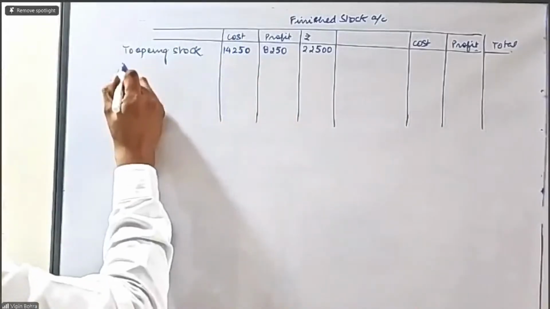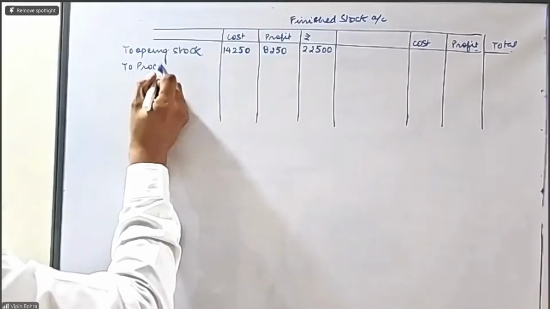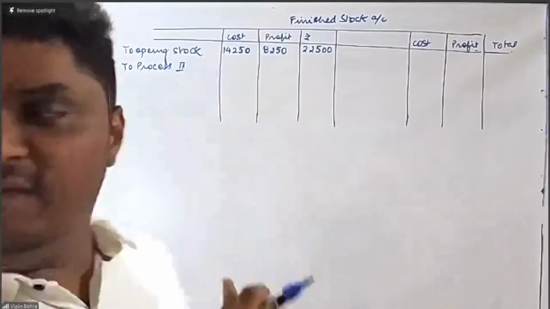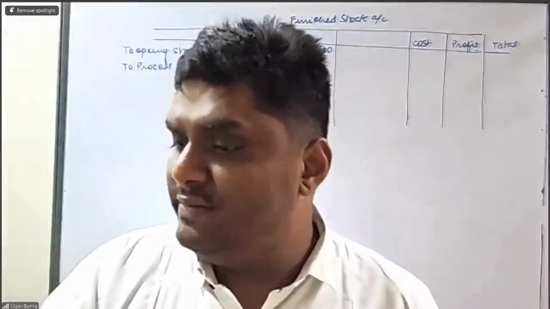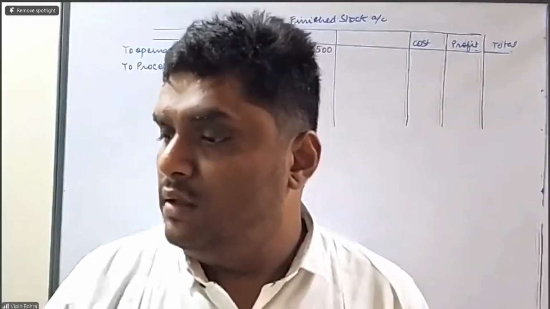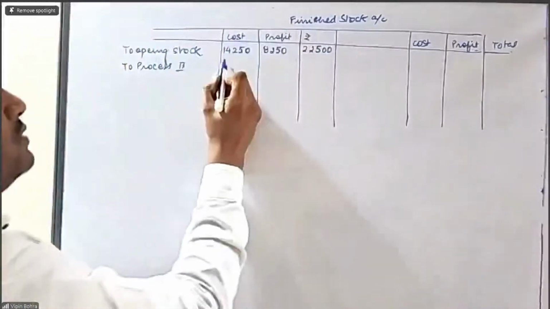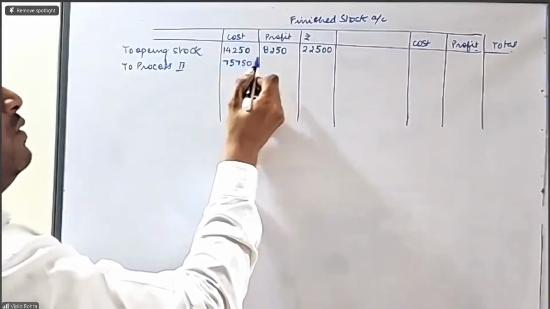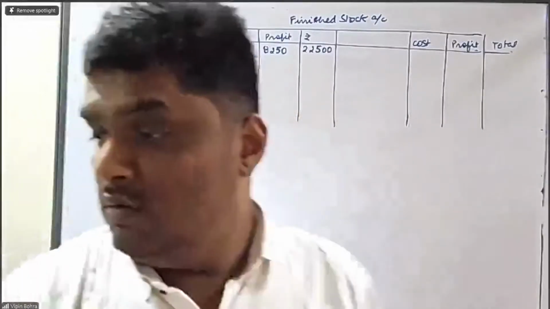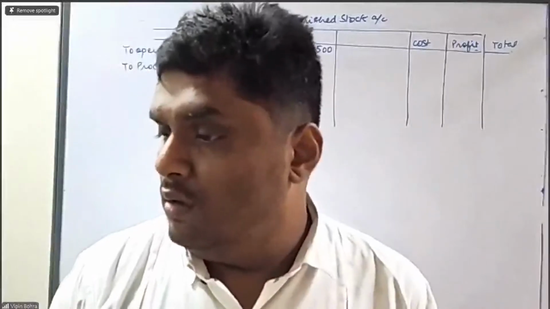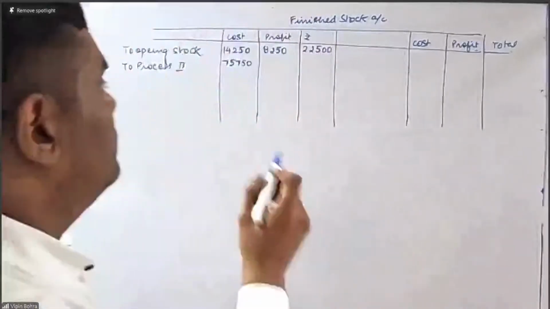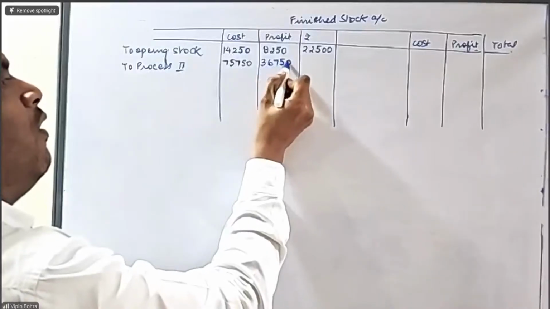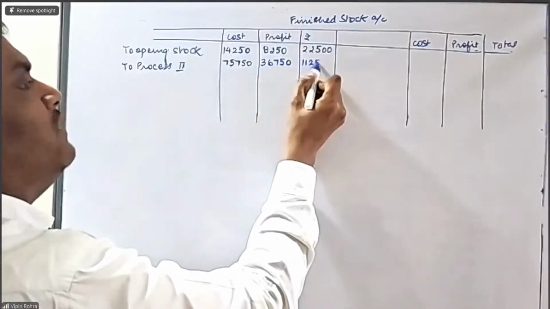Further, the inputs that are received from process second, it was I think 75,750, 36,750 and 90,000. Yes, sorry. So 75,750, 36,750 and 1,12,500.